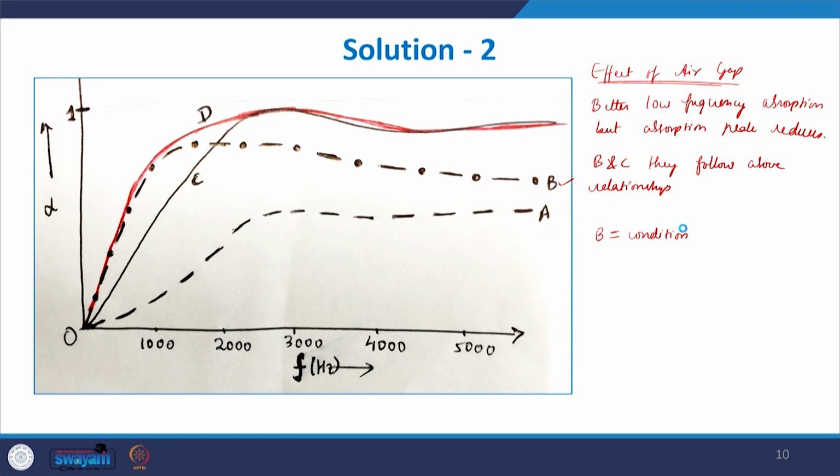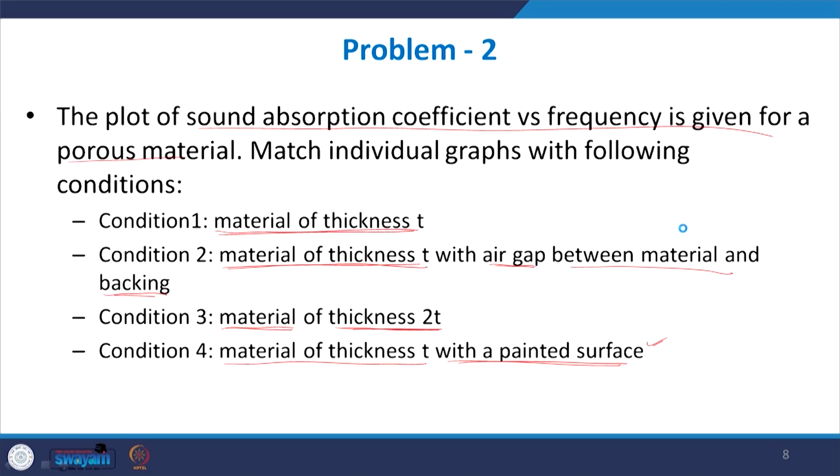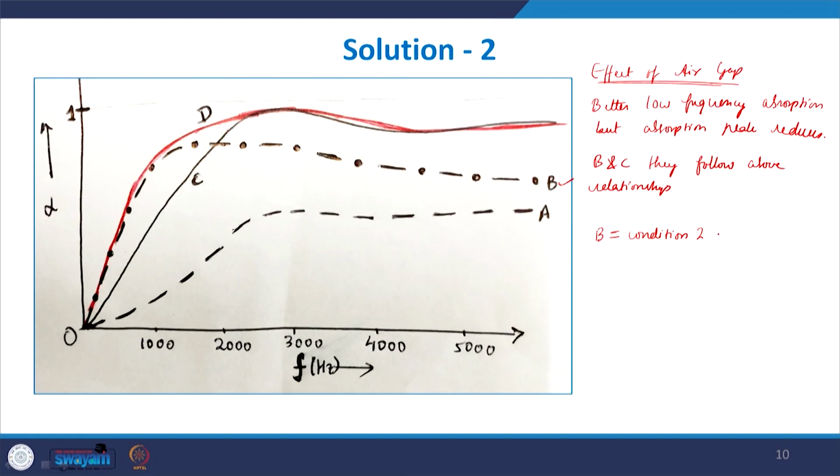So, if I just go back to the question here, the condition 2. Graph B will become condition 2, which is the air gap condition, and graph C by comparison will become condition 1, which is the same material, same thickness, but no air gap, original material.